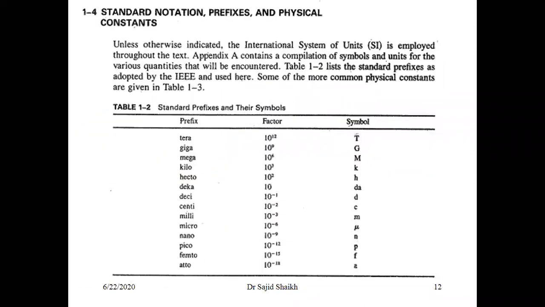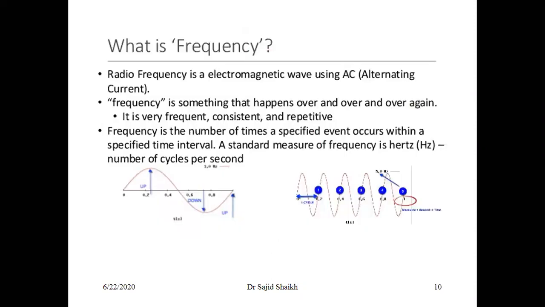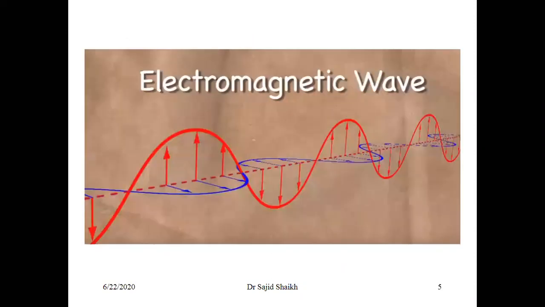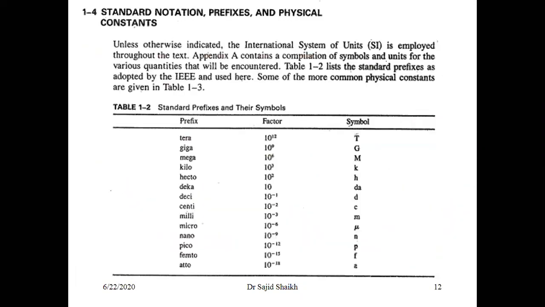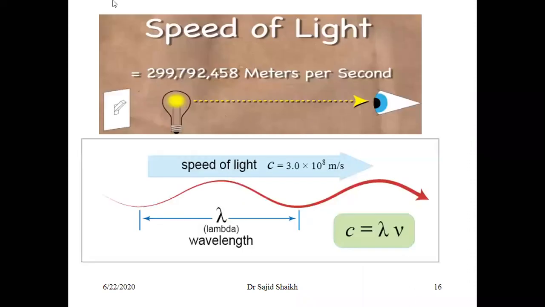And we know that the speed of light is 3 into 10 raised to 8 meters per second. Practically, if we see the actual figure, it is 299,792,458 meters per second. But if we approximate, we can consider the speed of light as 3 into 10 raised to 8 meters per second.